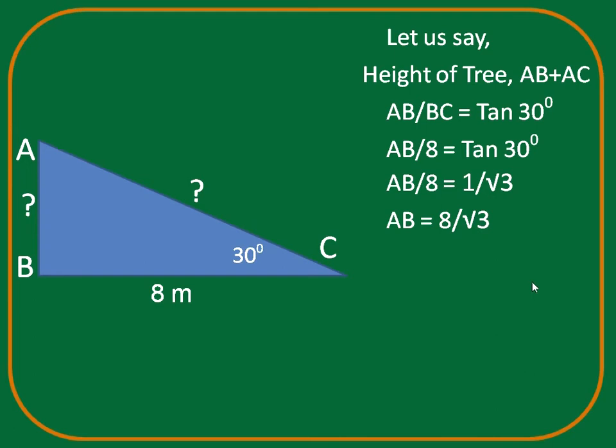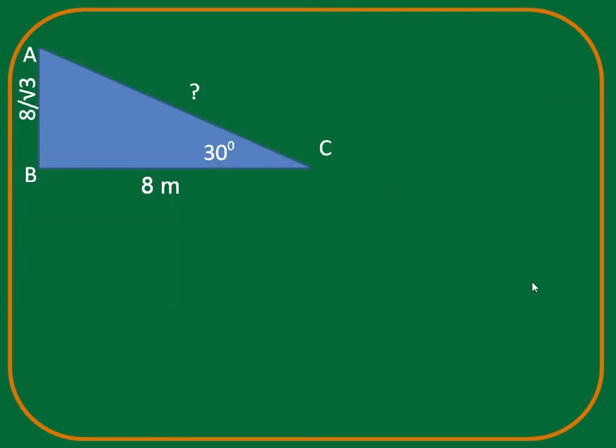Now we need to find the value of AC. So here in this diagram we already have the value of AB, which is equal to 8 upon root 3. Similarly, AB upon AC is equal to sin 30 degrees.